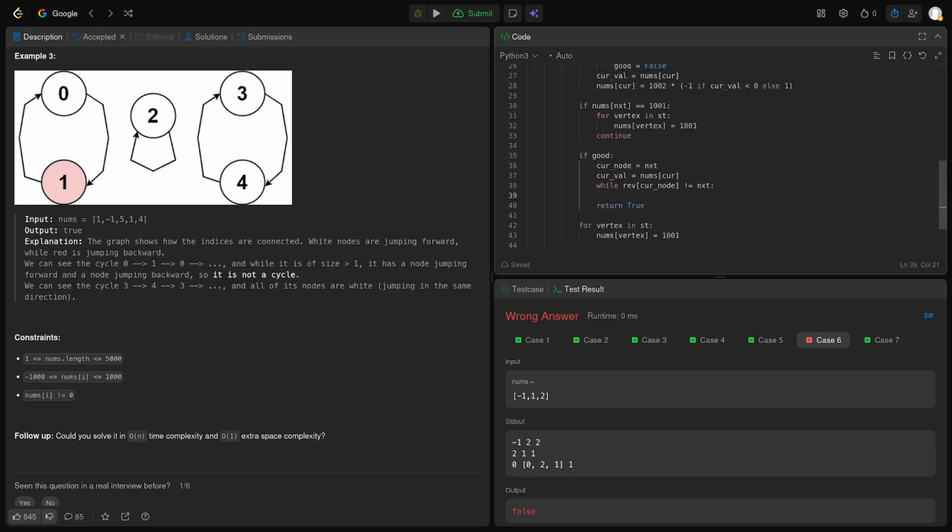So while reverse is not the first node, we wanna do if nums reverse, so while, then current node ref current node curval times nums current node.